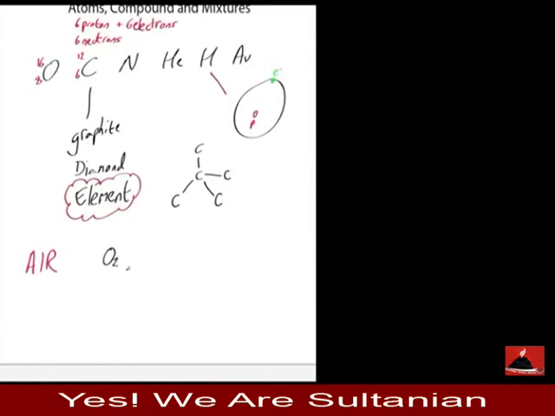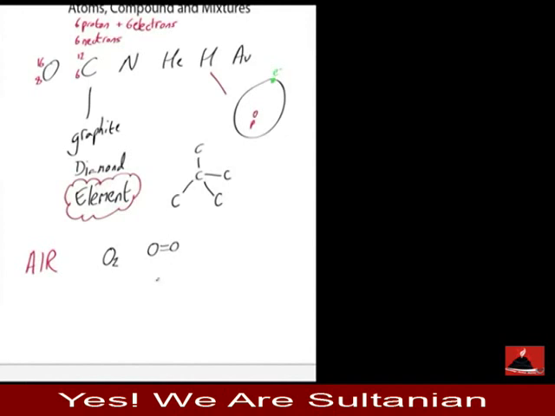Oxygen is written like that, okay? It's got a double bond between the oxygens. So that's actually not an atom, it's a compound. It just happens to be a compound made up of the same atom, and that could be regarded as the elemental form of oxygen.